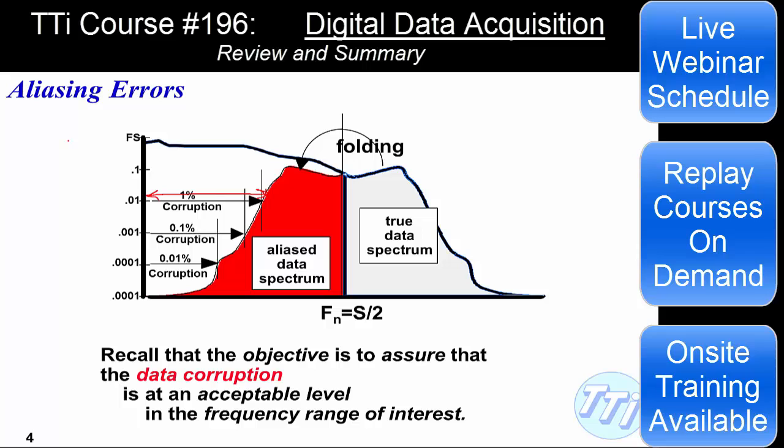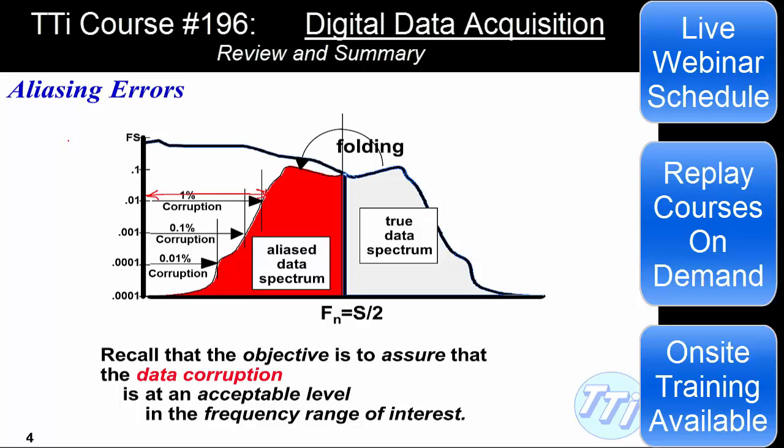Okay, aliasing errors. We've seen that it is impossible to have zero aliasing errors, but some part of the frequency range between 0 and the Nyquist frequency is acceptably aliased.